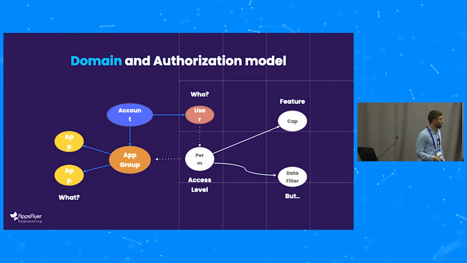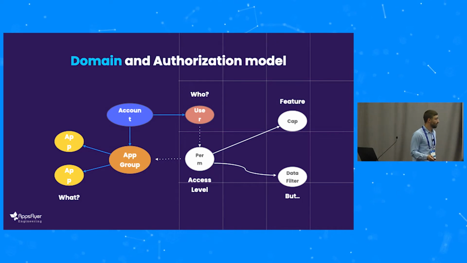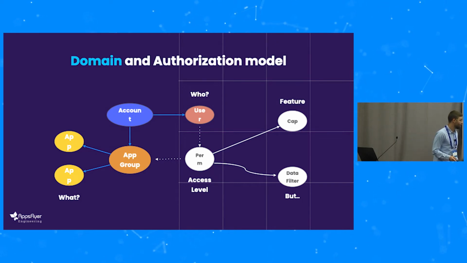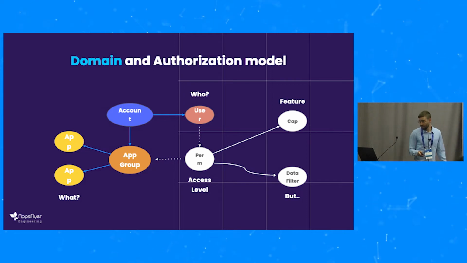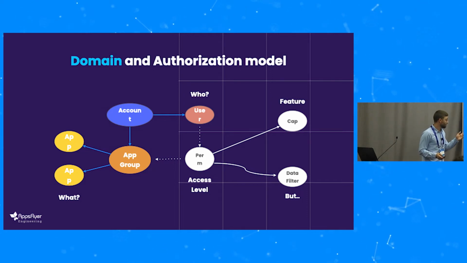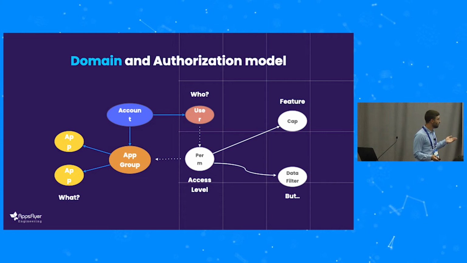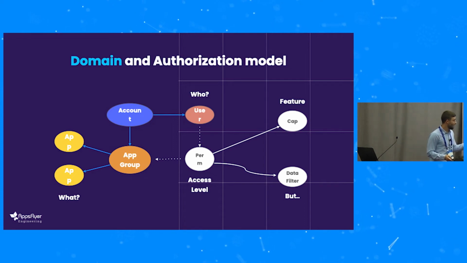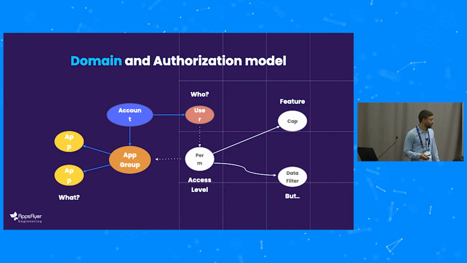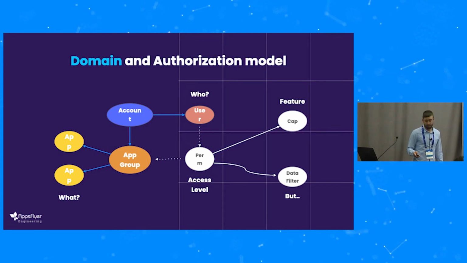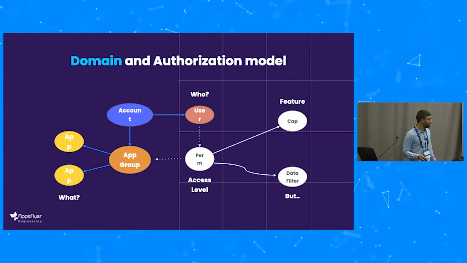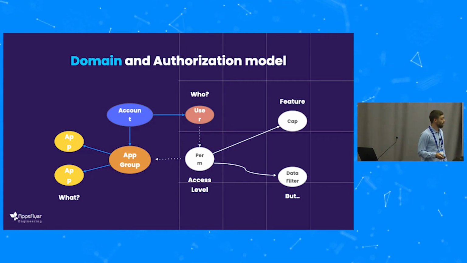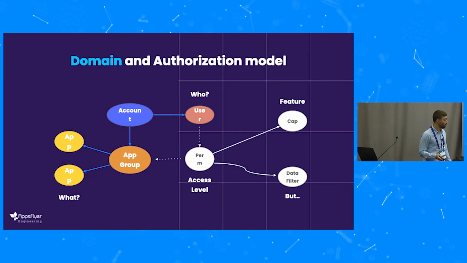And then we add another node called capability, which represents features in the AppsFlyer domain. So let's say cohort report or fraud, etc. And then we have a model that supports queries starting from the user that includes the context and the features. And the last thing that we need to add is the data filters that can represent data policies and restrictions that limit which data the user is allowed to view.